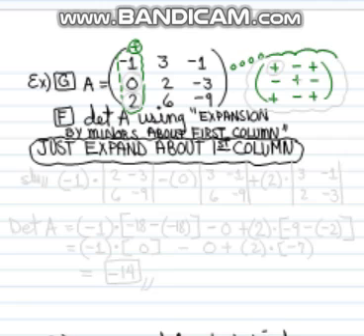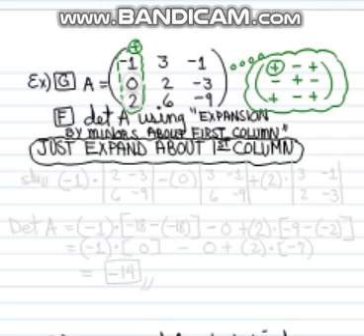You don't have to write that every time you do a problem, but I want you to understand those are the signs associated with each of those positions. And instead of memorizing them all, just remember that the upper left corner is positive and everybody else just alternates.